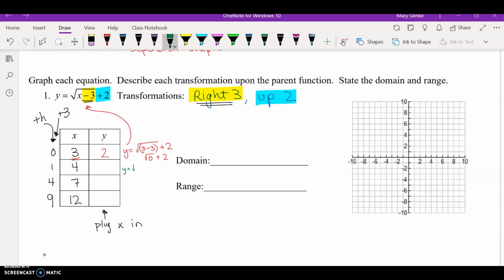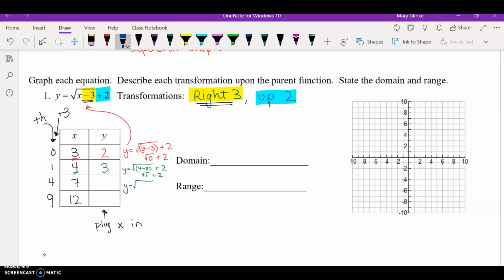For our next one, we're going to plug in our x value of 4 into our equation. So we are taking the square root of 4 minus 3, which is 1, and adding 2 to that. So the square root of 1, which is 1, plus 2 would give us a 3 back out.